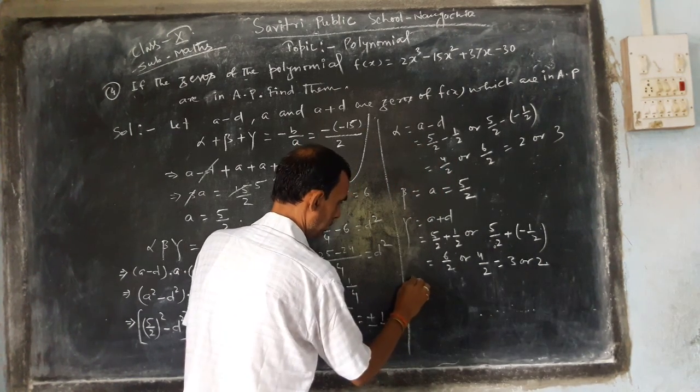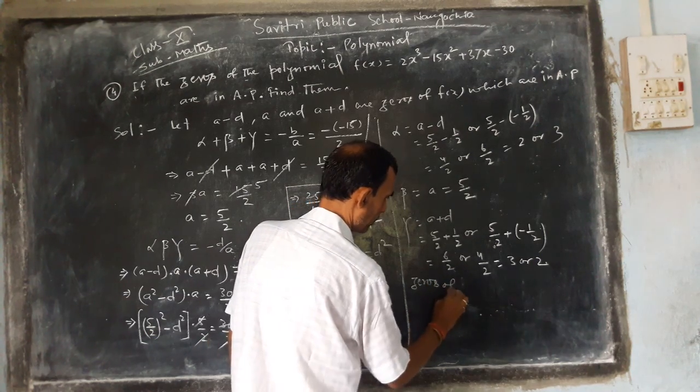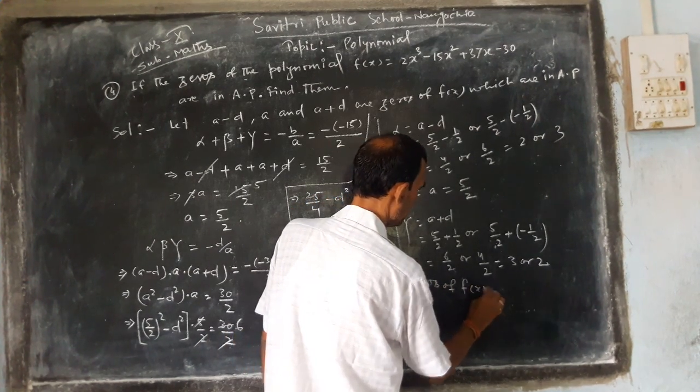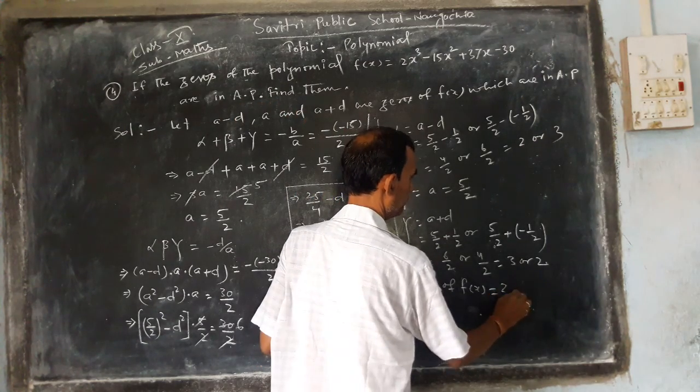So hence the zeros of f(x) are 2, 5/2 and 3.